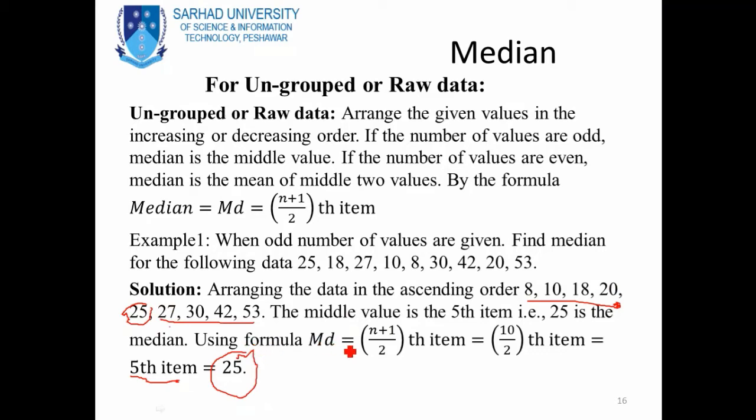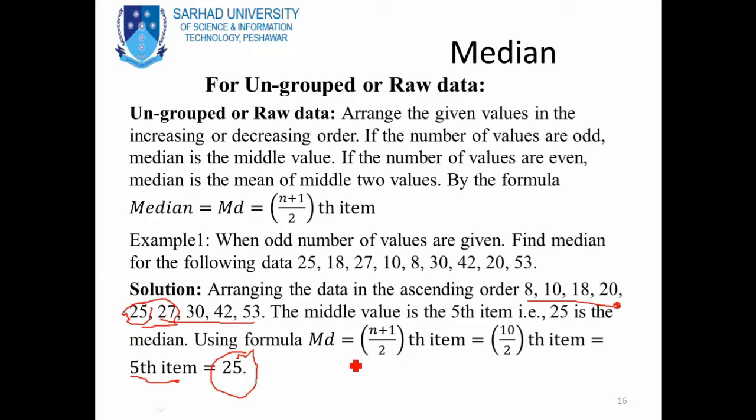But if the number of terms is even, suppose we put here another number like 60, then four terms will be on one side and four terms on the other side, and we obtain two terms at the center. Adding these two values and dividing by 2, we will obtain the median for the data.